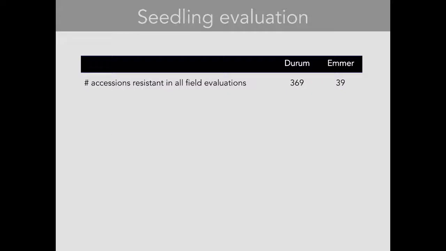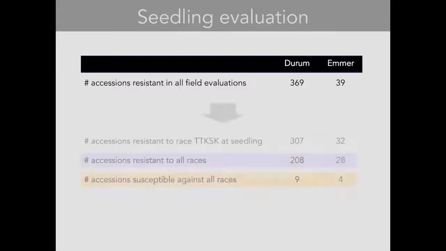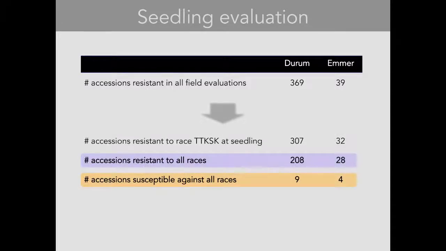So after we performed the field evaluations, we did the characterization at the seedling stage of these resistant selections. And you can see that after screening 12 races at the seedling stage, we have two main groups. This one highlighted in purple are lines that were resistant in the field and also resistant across all the 12 races at the seedling stage.